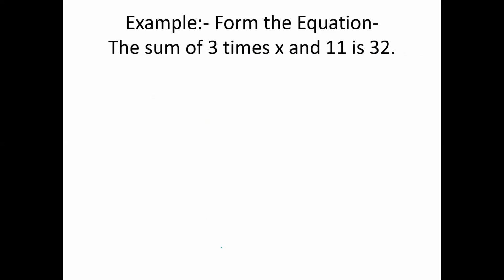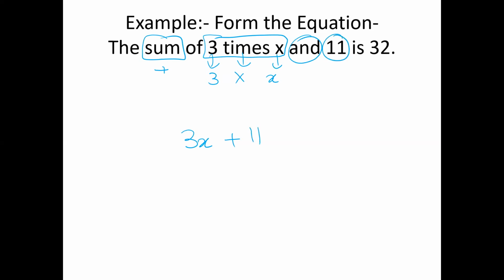Let us see one more example. Again we have to form the equation. Let's see how. We have to find the sum of something, and sum means plus, we have to add. What do we have to sum? 3 times x, this gives 3x, and 11. And what do we get?